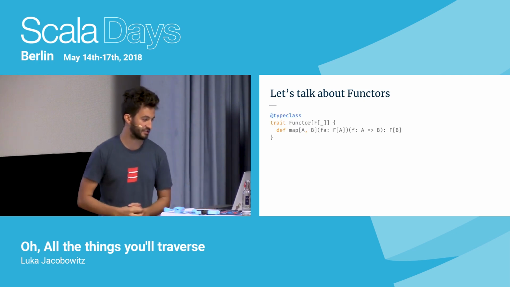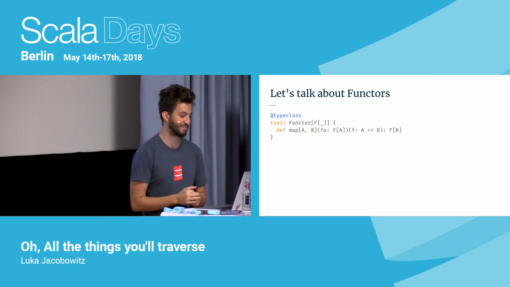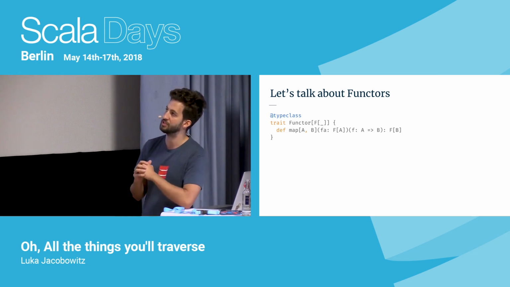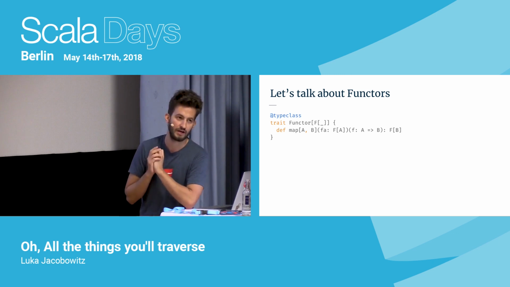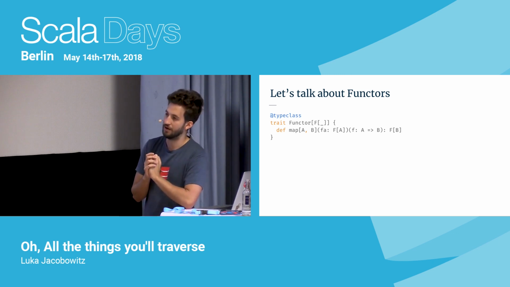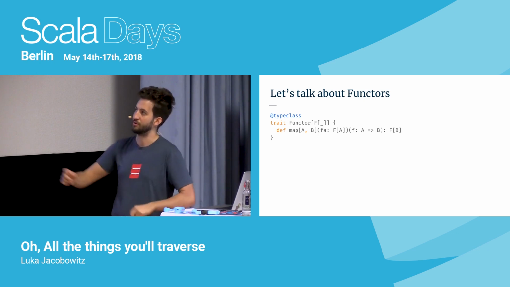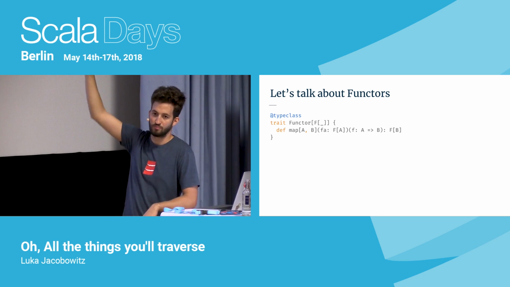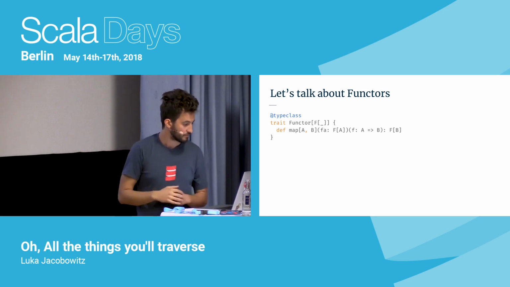So a functor is another type class, and instead of taking a normal value of type T, it takes what we call a higher kinded type as a parameter, and this is represented as F[_]. Right?